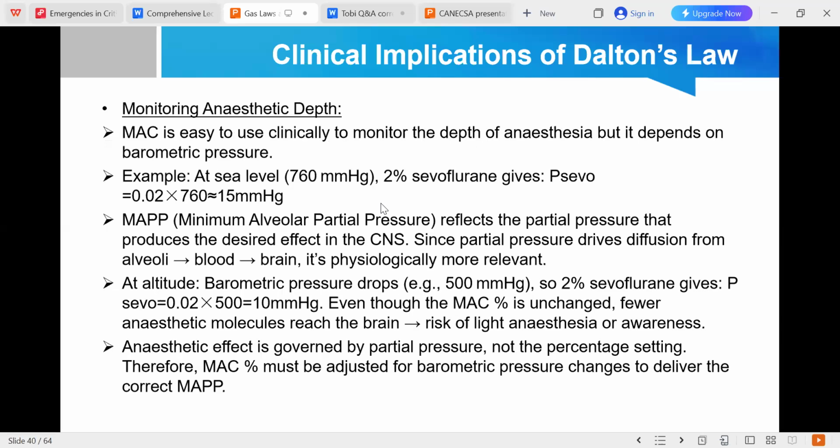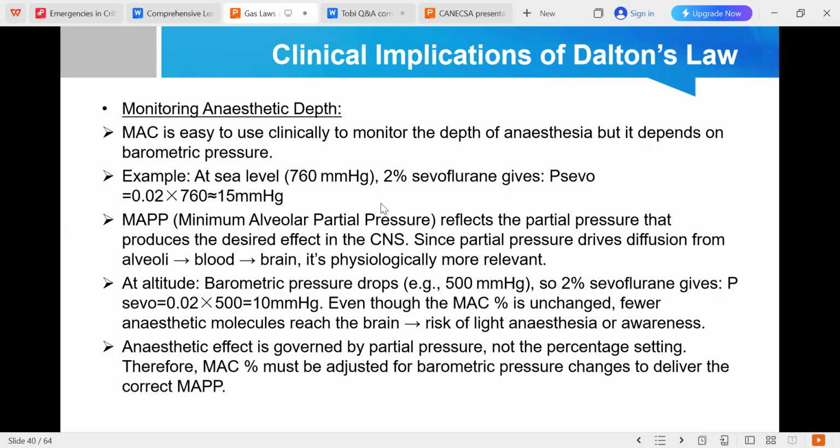Monitoring anesthetic depth, this explains it further. For instance, you are giving the patient 2% sevoflurane as maintenance at sea level, where the pressure is 760. The partial pressure of sevoflurane is calculated at 15.